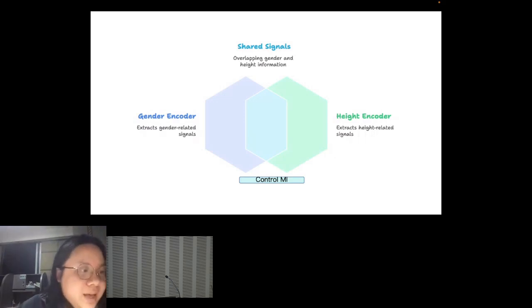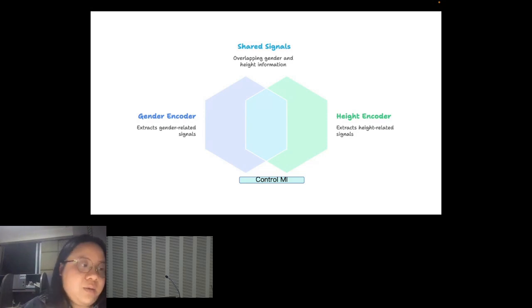So if we have some method, like an autoencoder, which is a normal deep learning method, it can extract gender and height signal from raw summaries. So we can assume the gender and height representations from the encoder should be entangled, as you can see in the figure.